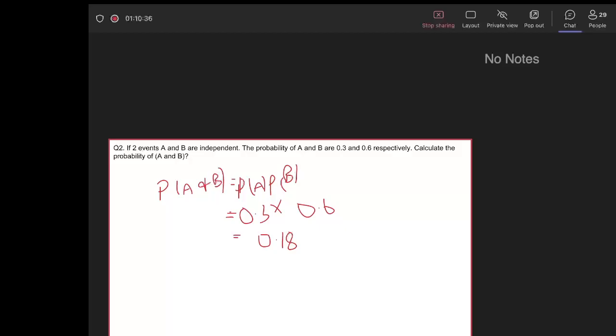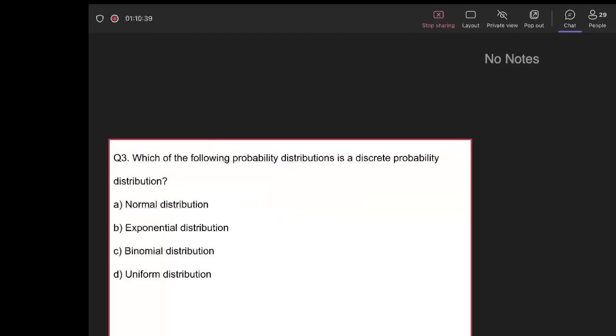Now let's go to the next question. Which of the following probability distributions is a discrete probability distribution? If you know the answer, you can type in the chat box.